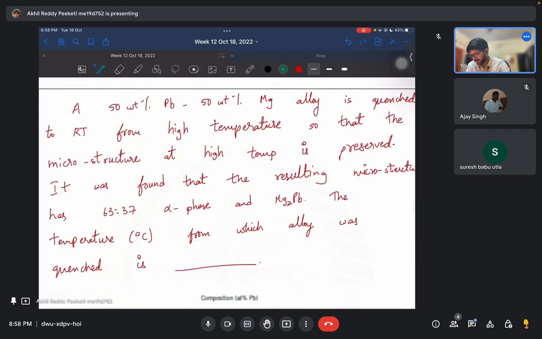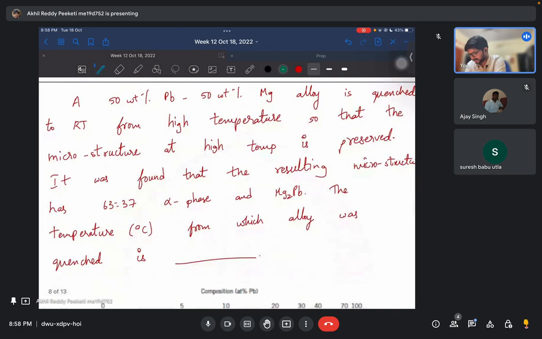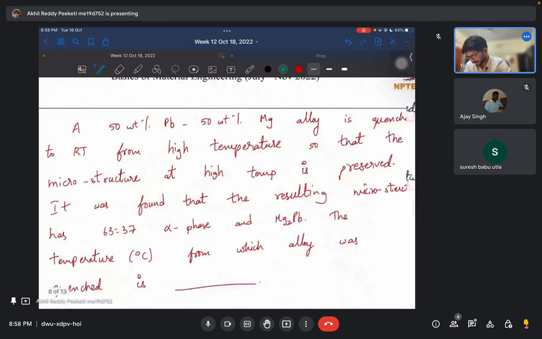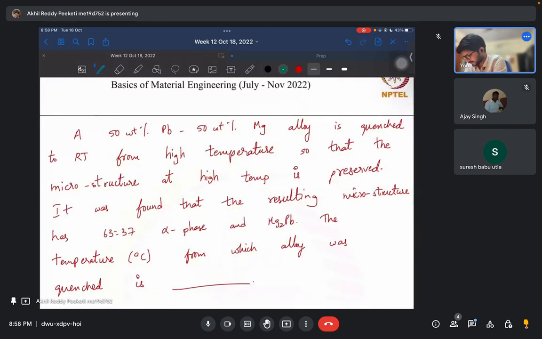Next, again we have a question on phase diagrams. Let's see this question. We have 50 weight percent Pb and Mg quenched to room temperature from high temperature, so that the microstructure at high temperature is preserved.